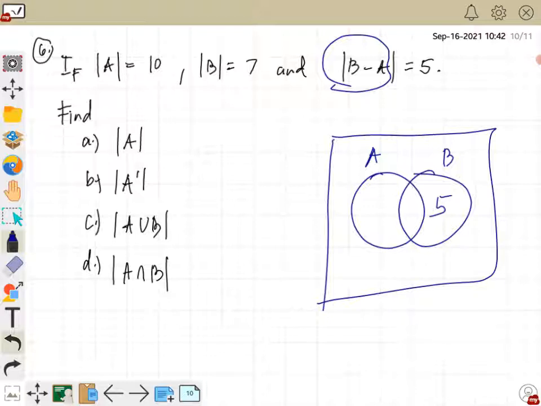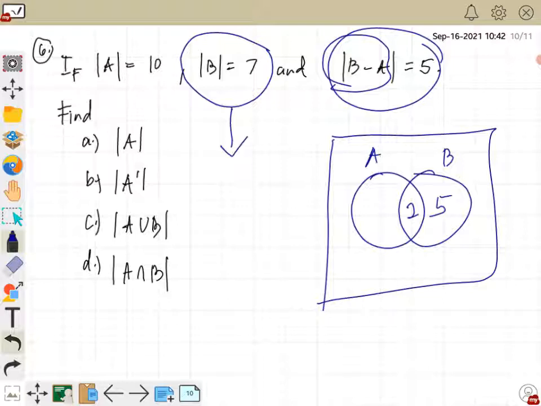The entire circle B is 7, and the B only is 5, meaning the common is 2. Taking away the B only, which is 5, from 7, the intersection is 2.